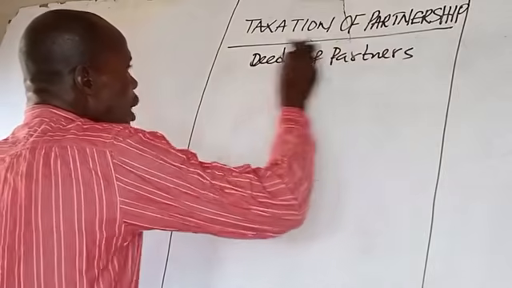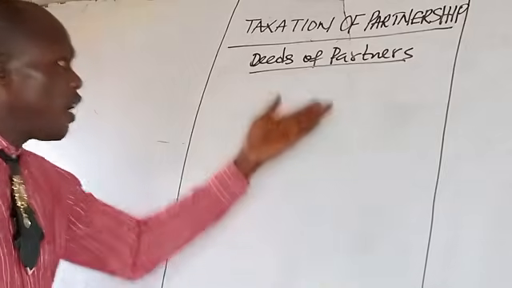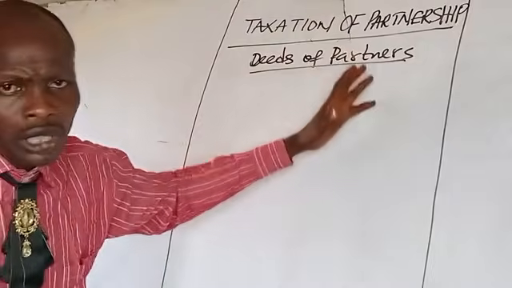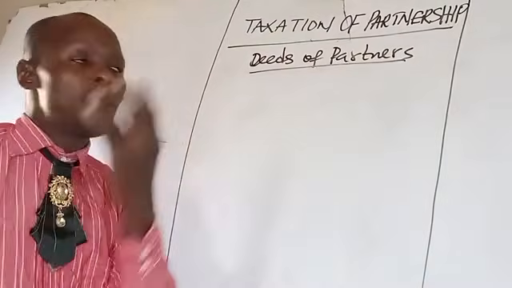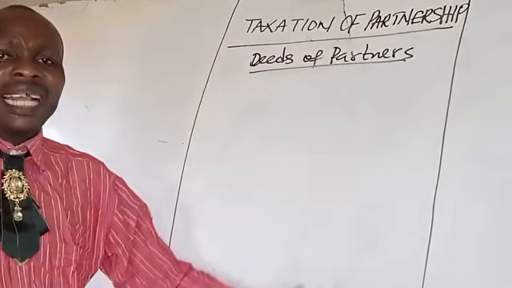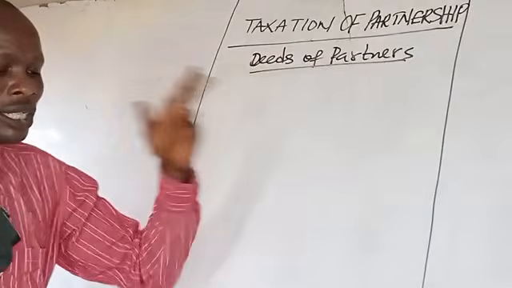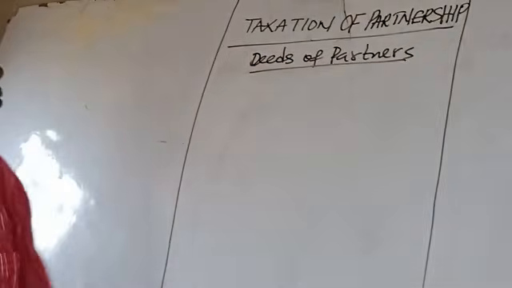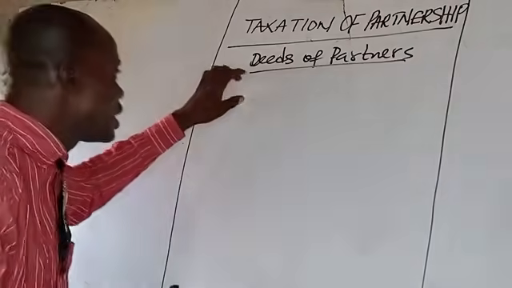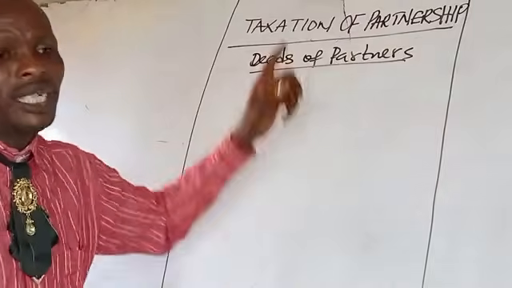The deeds of partners is a document in the form of the general rules and regulations that govern the partnership business. The general rules and regulations that govern the partnership business is said to be the deeds of partners, or partnership deeds.